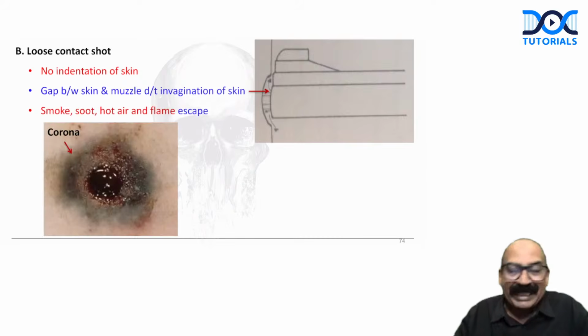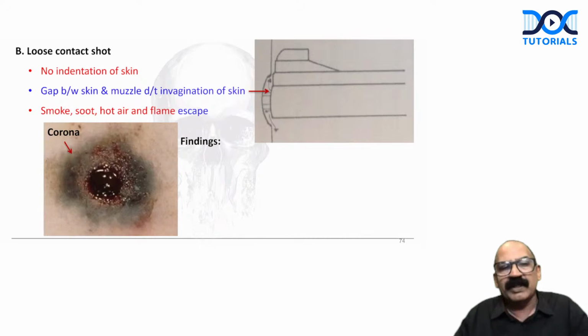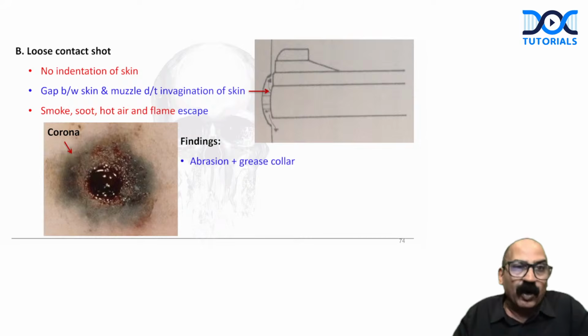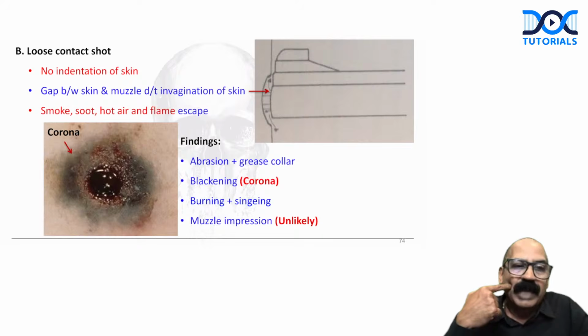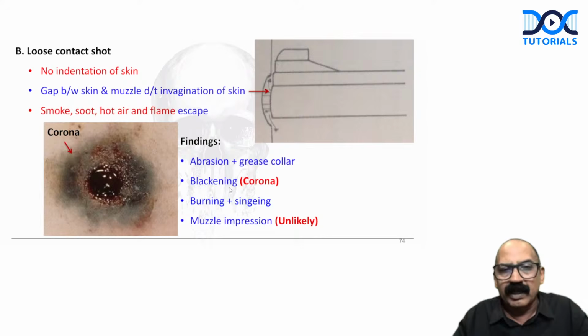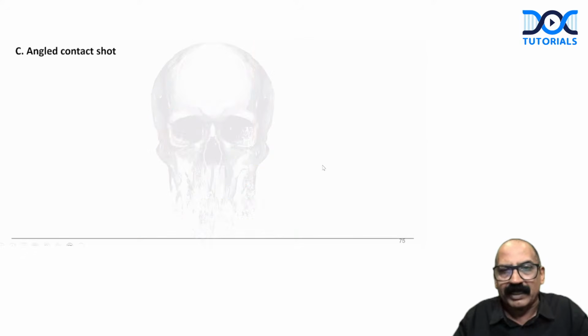That black deposition is known as corona. The findings are abrasion collar plus grease collar, blackening in the form of corona, burning and singeing, and muzzle impression is unlikely because there is no firm contact. Okay. I hope all of you are understanding properly.